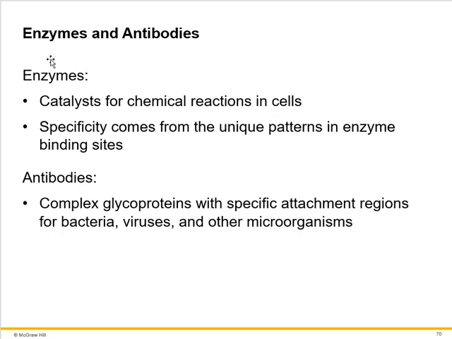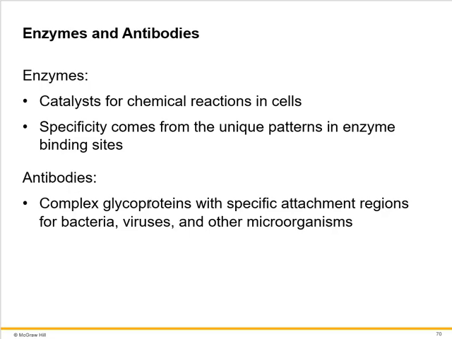So some examples again, the enzymes are protein catalysts. They speed up the reactions within the cell, and they're super important because pretty much any kind of reaction within the cell is going to need an enzyme to make that happen at the speed that it needs to happen within the cell to maintain life.